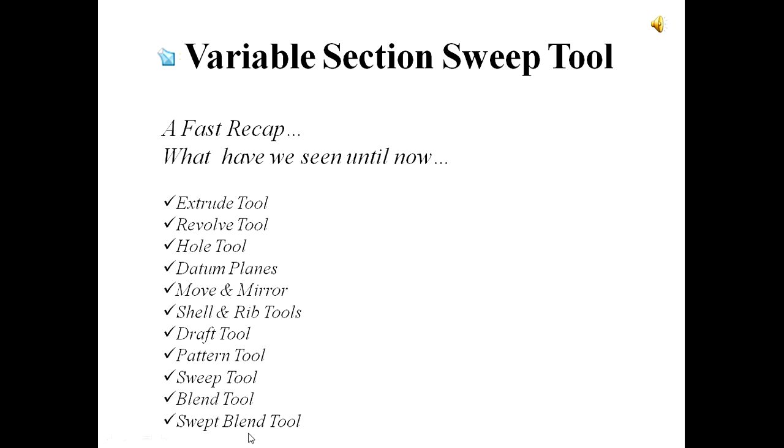Swept blend, in which a solid is generated by blending sections and sweeping it along a trajectory, is also a primary feature. So extrude, revolve, sweep, blend and swept blend are primary features since they can be used as the first feature of the object.